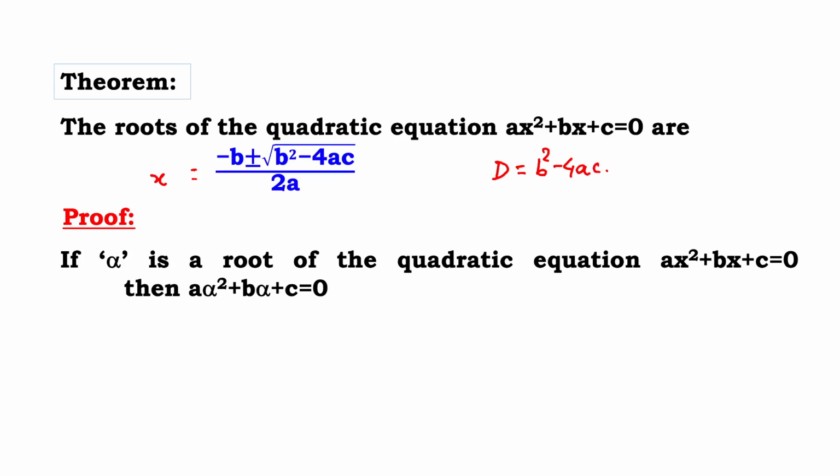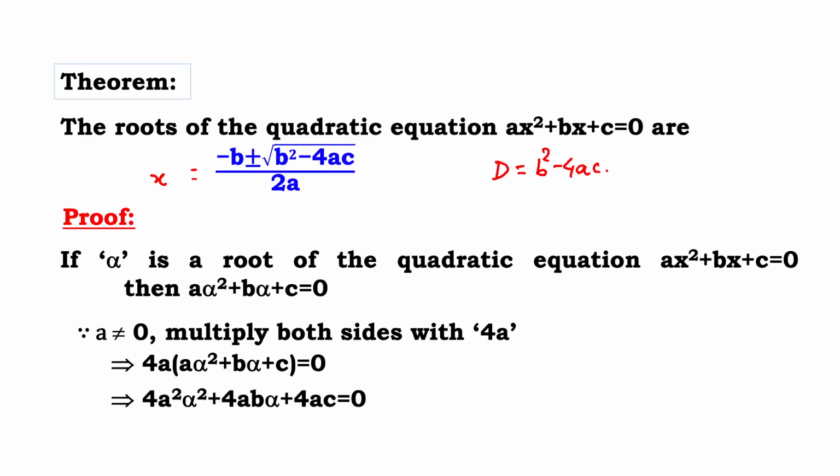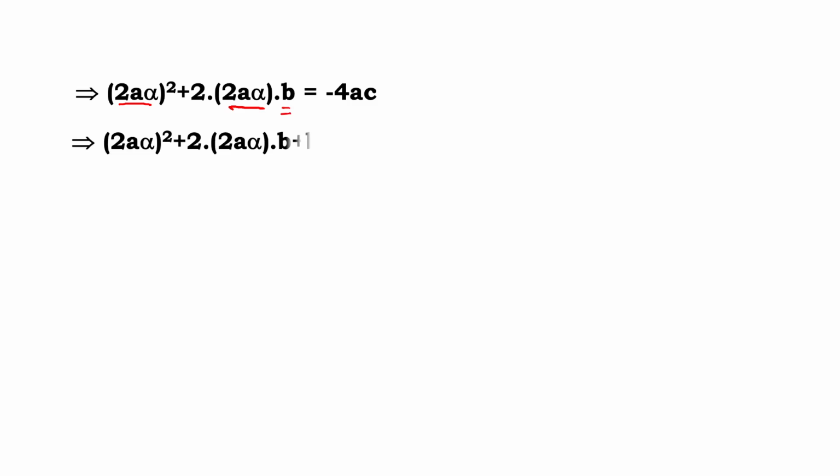If alpha is the root, obviously this must satisfy the equation a alpha square plus b alpha plus c is equal to 0, right? Obviously a is not equal to 0, so we can multiply both sides by 4a. See the calculation part only. 4a square alpha square, we can rewrite this as 2a alpha the whole square plus 2ab we have to write. So if I assume this is a and this is b, I have to add b square on both sides, then it will be the completing square form.